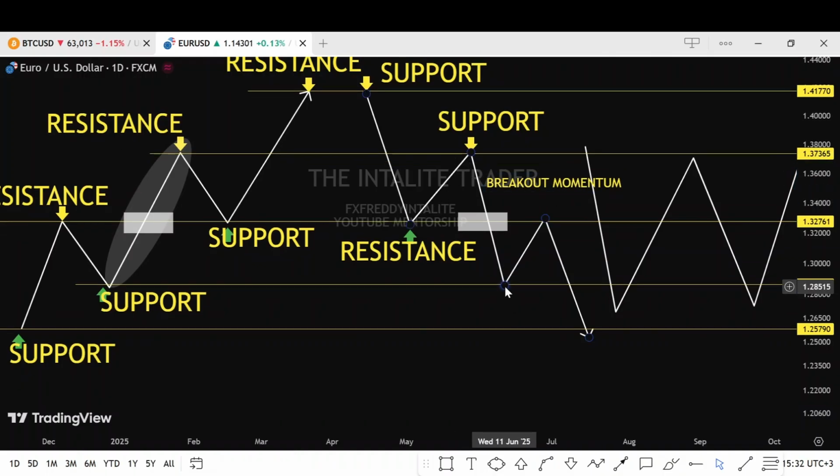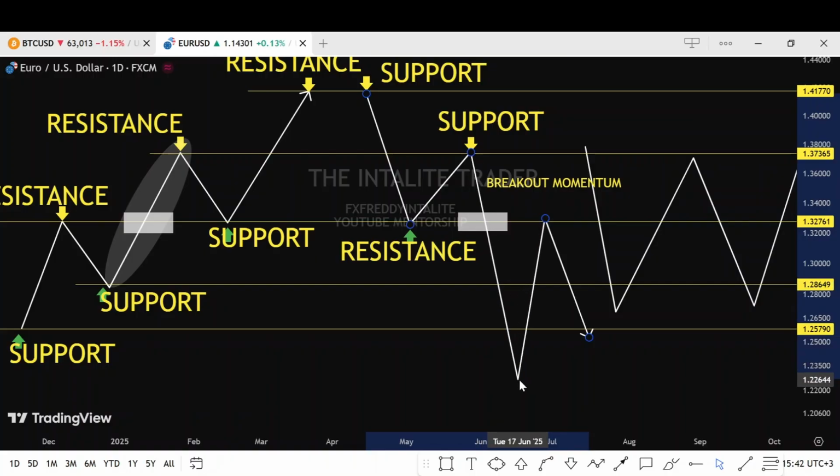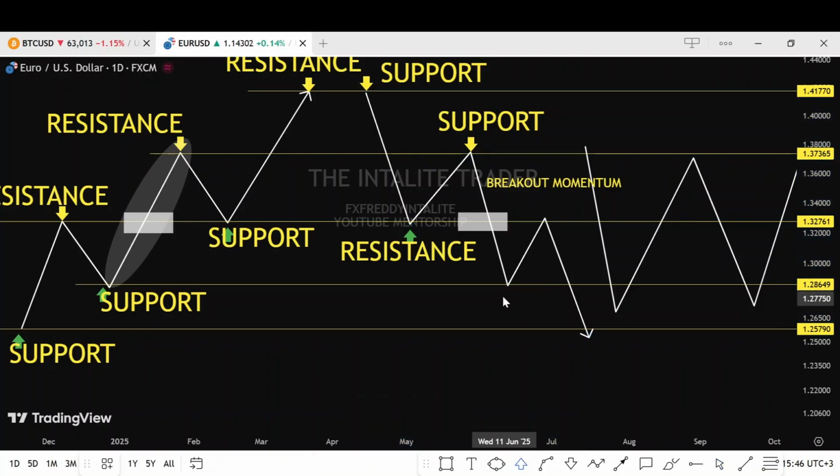So you have this move that comes and breaks down, but later on price finds resistance because it would have continued up here, but instead it comes and finds a resistance where it rests.